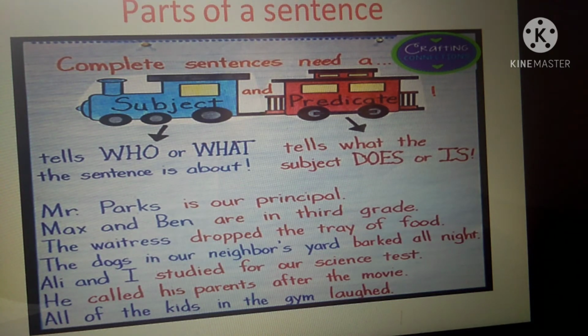So "barked all night" is the predicate. Ali and I studied for our science test. Whom are we talking about? Ali and I. So Ali and I is the subject, and what they did? Studied for our science test. So "studied for our science test" is the predicate.